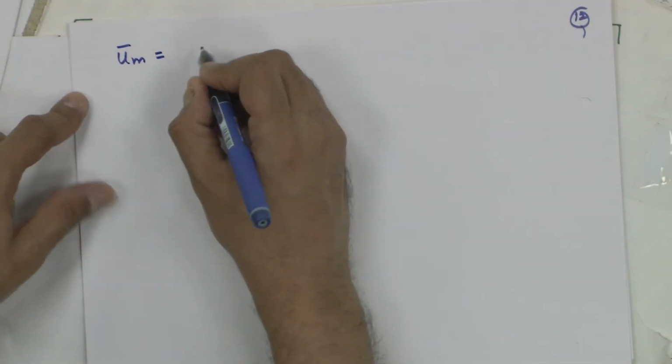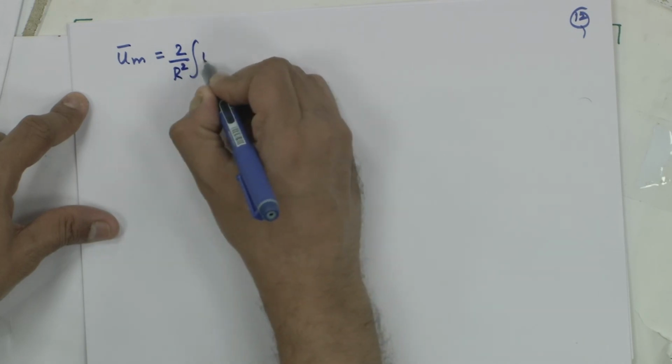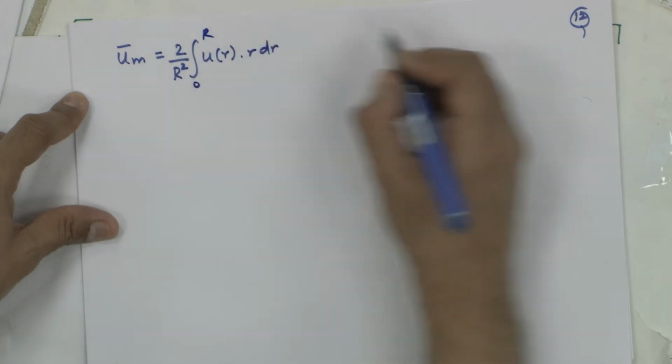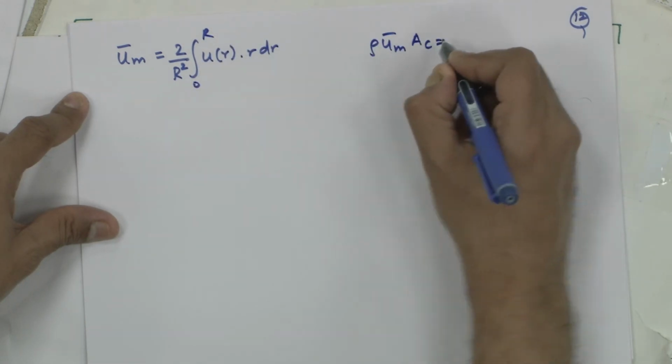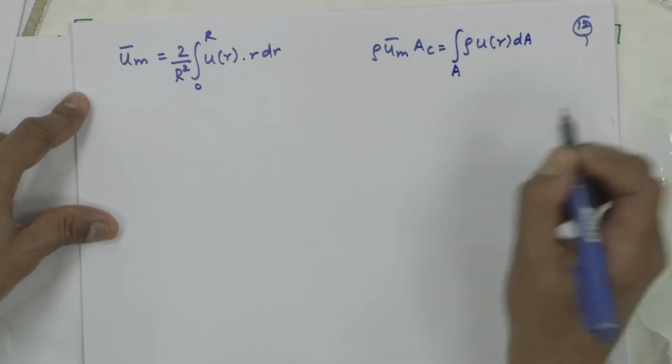U mean is equal to the integration of 2 by capital R squared times u of r r dr. Where does this come from? This comes from mass conservation. Rho u bulk mean times A cross section is equal to the integral of rho u of r dA over the area.